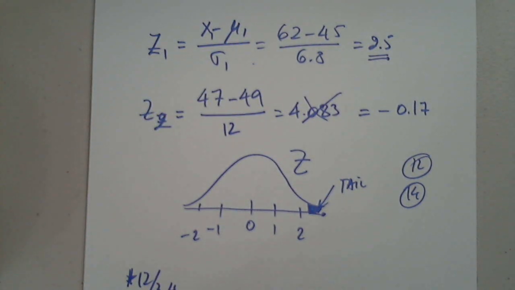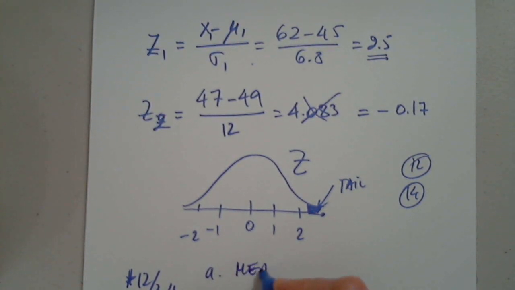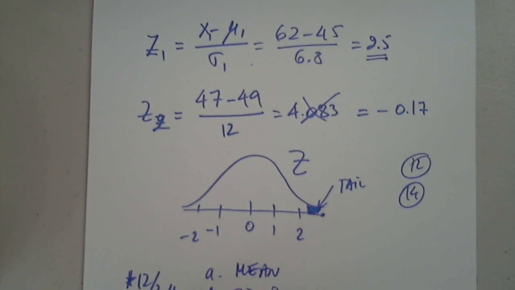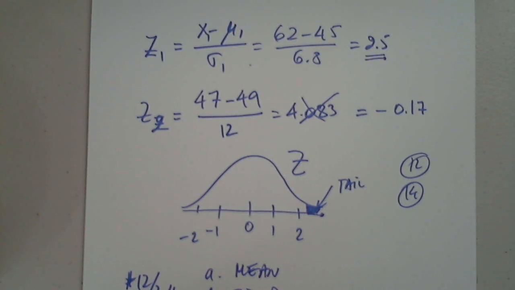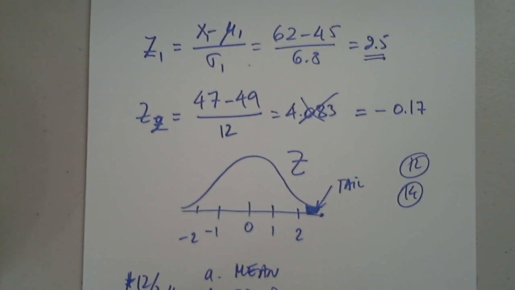So we want part A, the mean. In part B, we want the standard deviation. And then we want the median, and we want the mode, and we want the interquartile range. Fine. So let's click on this.